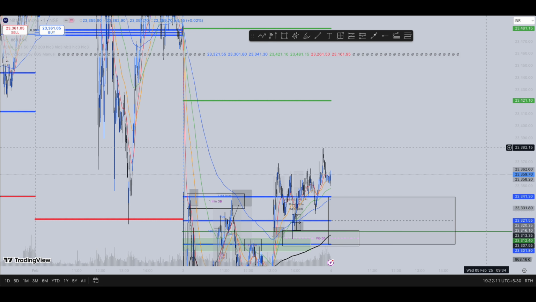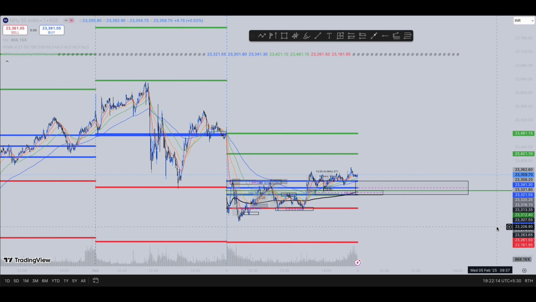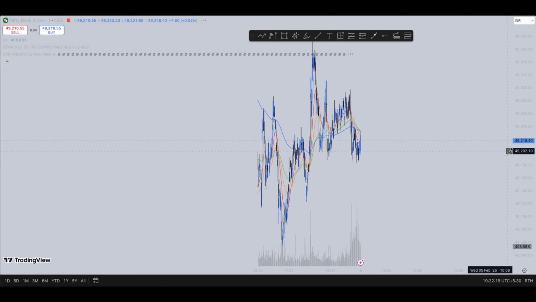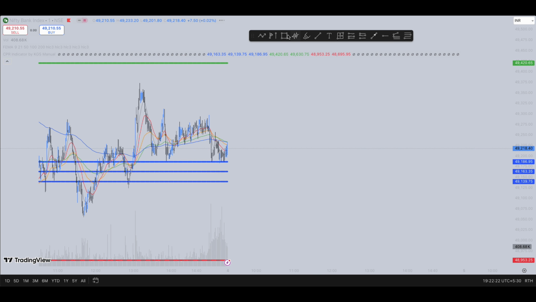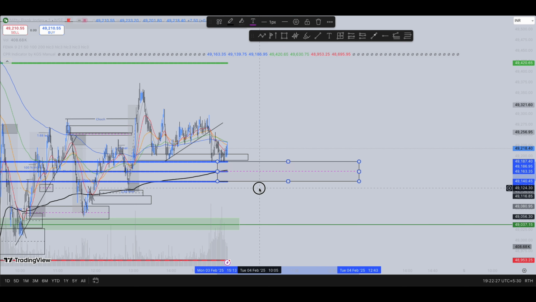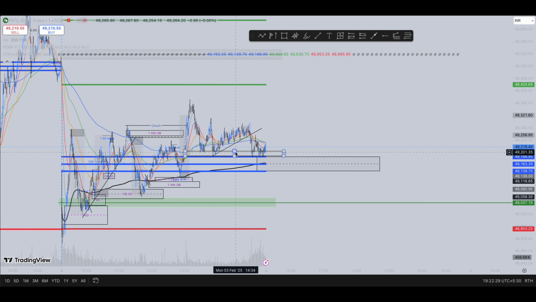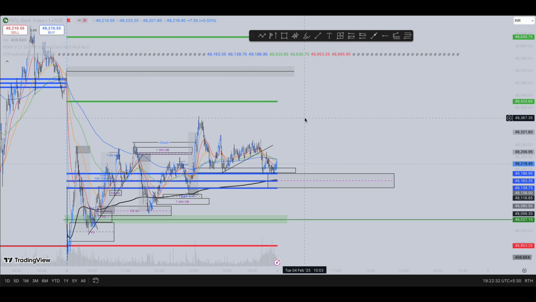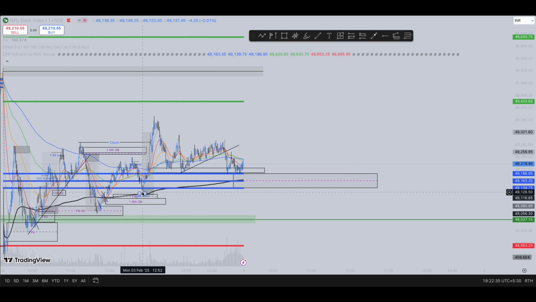So this is our analysis of Nifty 50, and coming to the Bank Nifty trade analysis for tomorrow. Here also you can see clearly these are the pivot levels of tomorrow, and you can see the market clearly broke structure towards the upside.